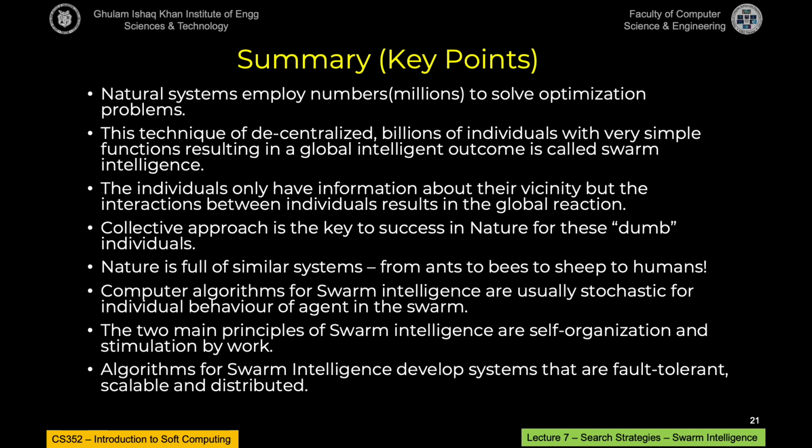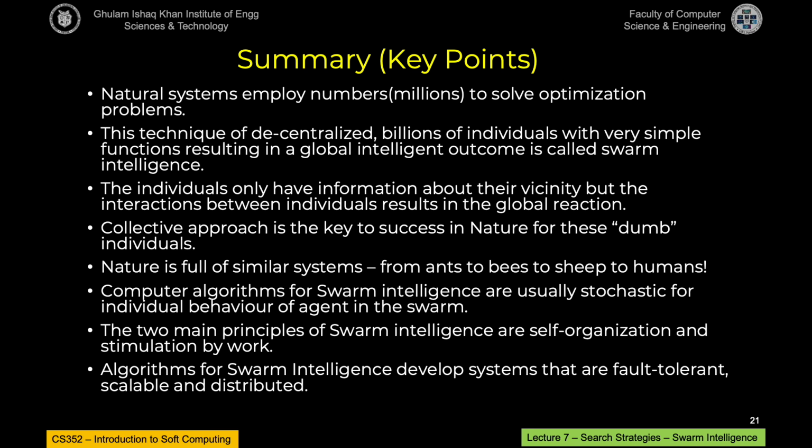The computer algorithms for swarm intelligence are usually stochastic and probabilistic for the individual behavior of agents in the swarm. Each agent in the swarm behaves differently, but that behavior depends on some kind of probability distribution.